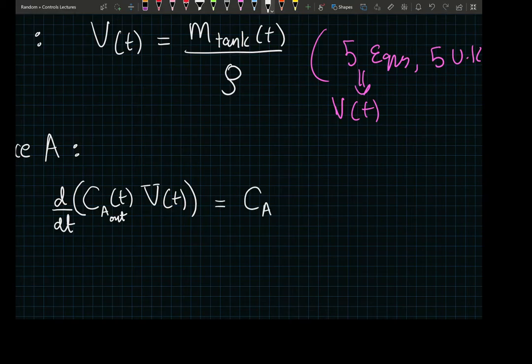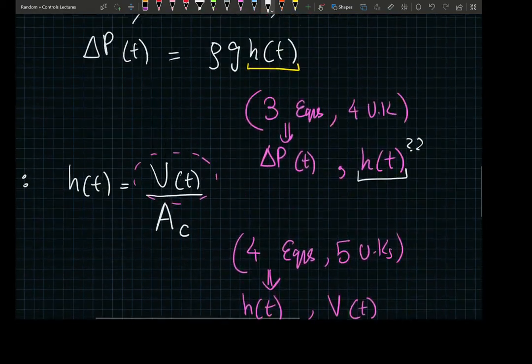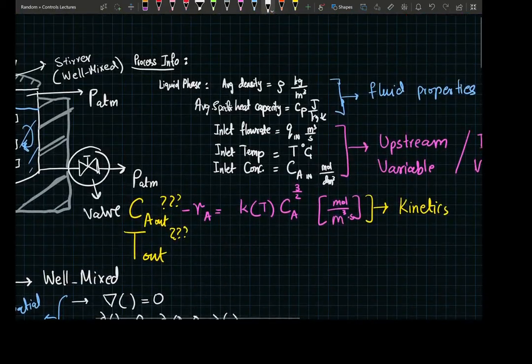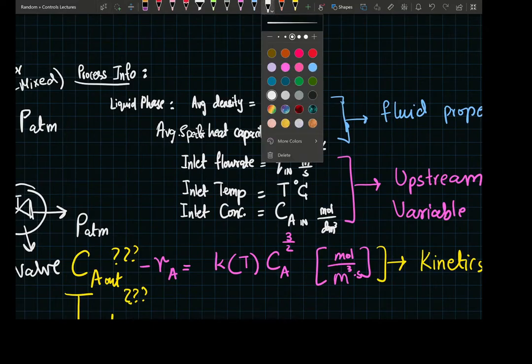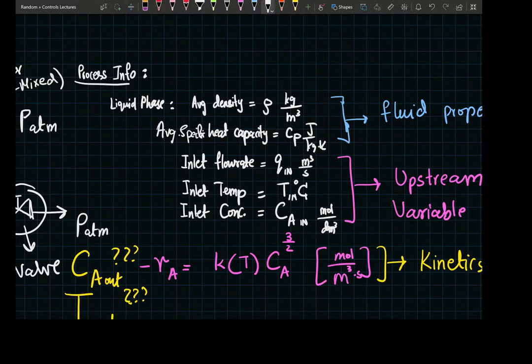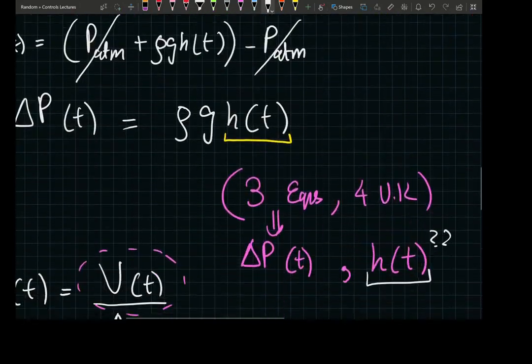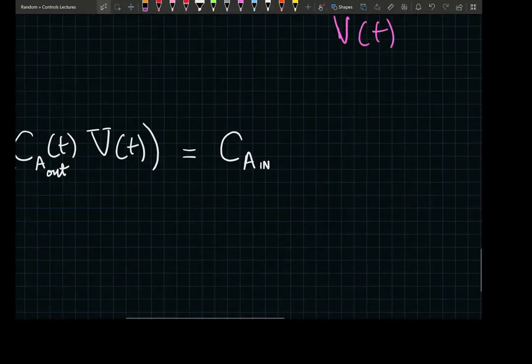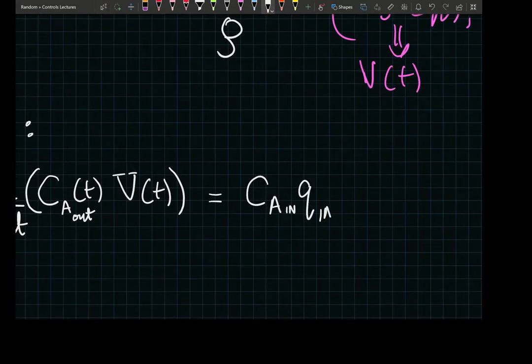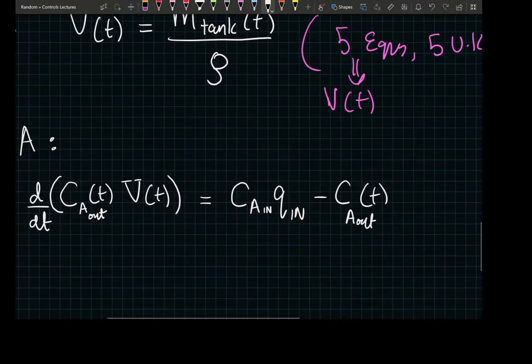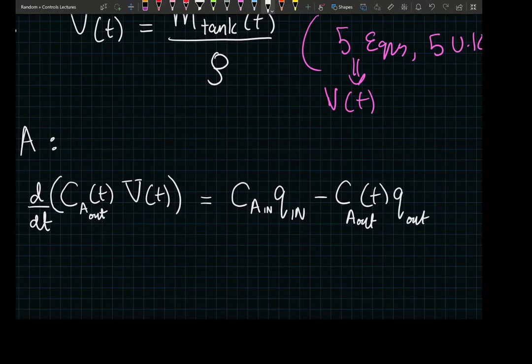And this shall equal my inlet flow rate. Let's go back and see our inlet flow rate once again. CAN. And let me just make sure the inlet temperature is also specified. Good, very good. CAN multiplied by QN minus CA out, our upstream variable, and Q out, both are our downstream variables.